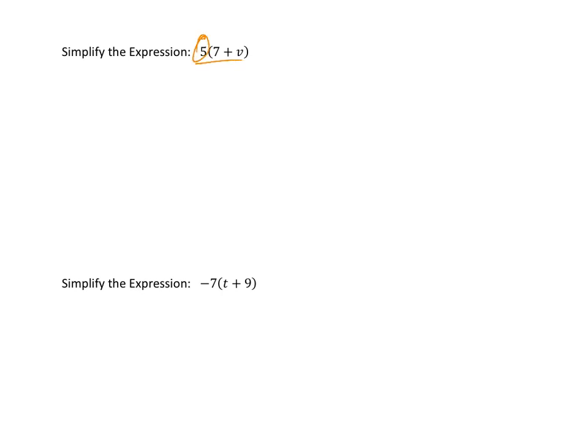have 5 sets of 7 plus v. So that means we have 7 plus v, 7 plus v, 7 plus v, 7 plus v, 7 plus v. There's 5 sets of 7 plus v. If I look at this, that's 5 times 7 plus 5 times v, which 5 times 7 is 35, and I can't do any more with the v.